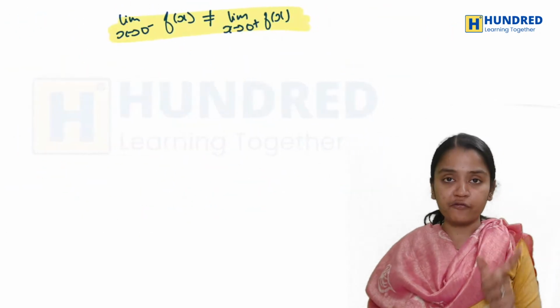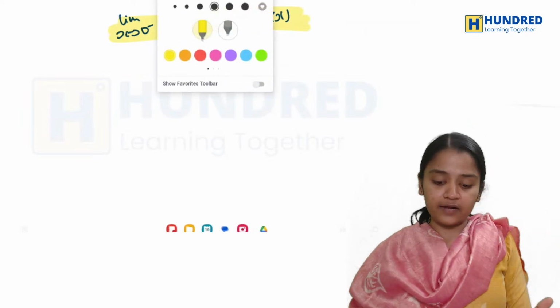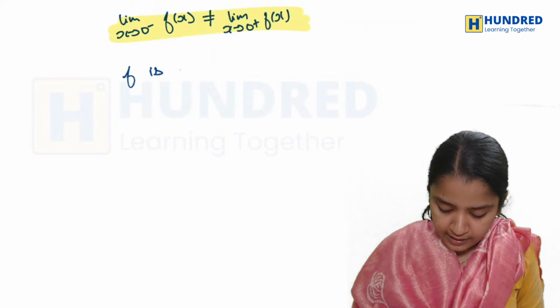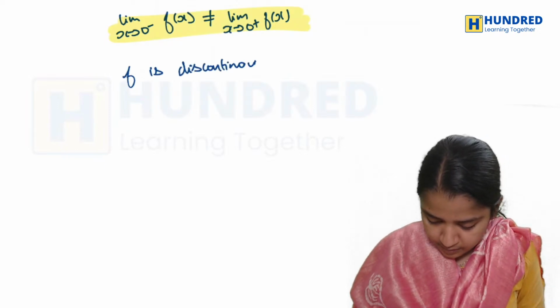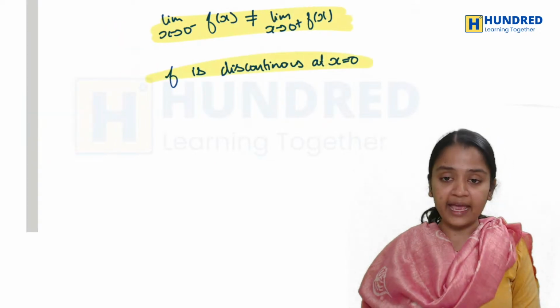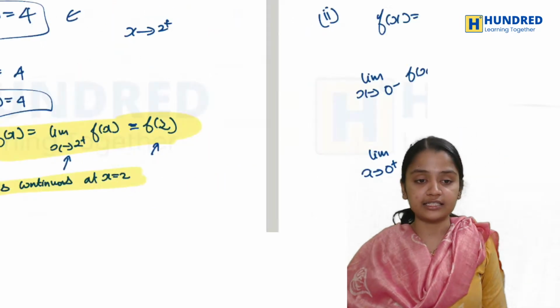You need not find the function value at the particular point. So I can say my f is discontinuous at x is equal to 0.